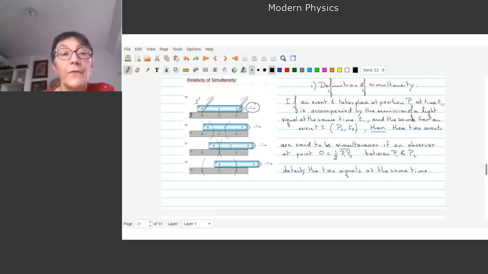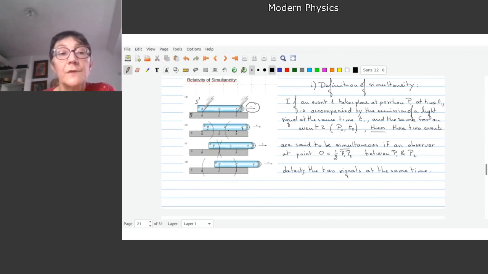So what happens? The mark is here and here. When the mark was made here, there was emission of a signal. This is the wavefront of your light, and it is traveling at velocity c.